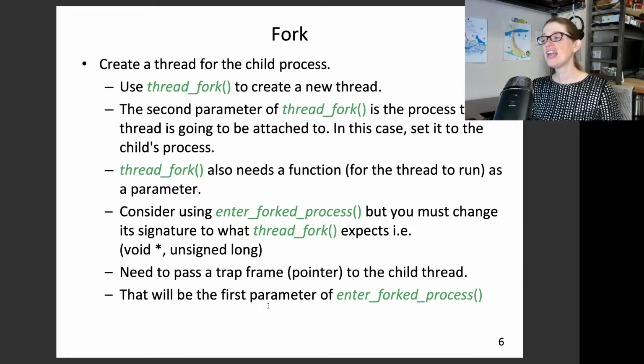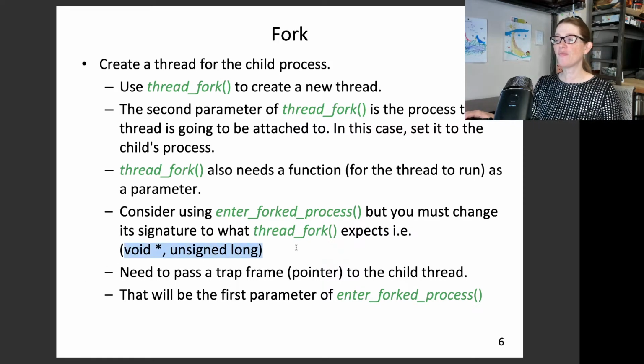So this is what we're going to do for our function in the thread fork operation. And there is a signature there already called enter forked process. We recommend you edit the signature, but you can create your own function if you want. Don't really care. Just make sure the signature matches what thread fork is expecting, as you see here. And in enter forked process, you should be passing the trap frame of the parent.